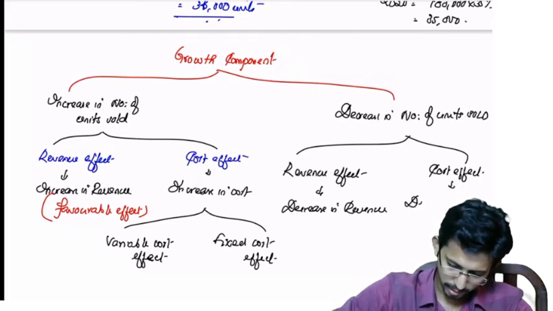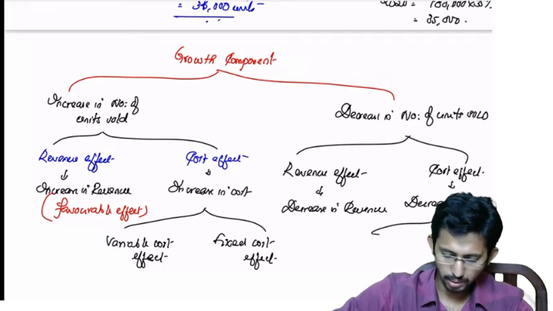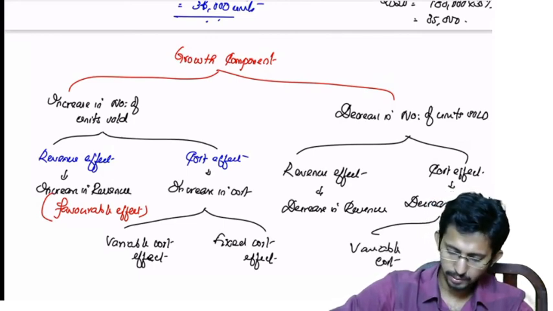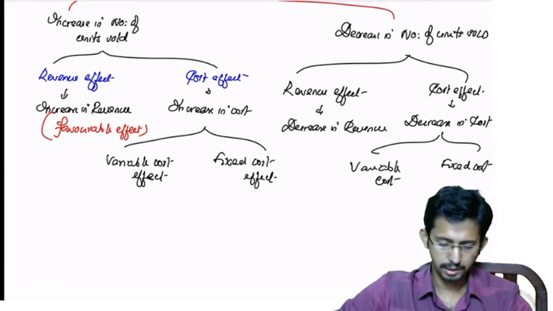This is a decrease in cost, again on variable cost, and here fixed cost. So the decrease in cost may be on both of these.